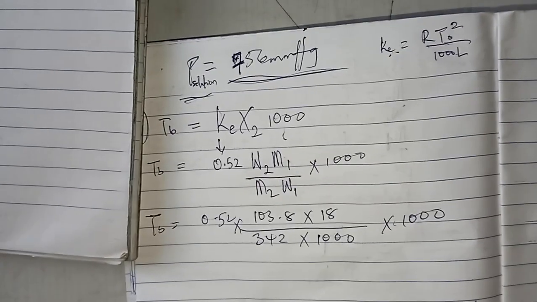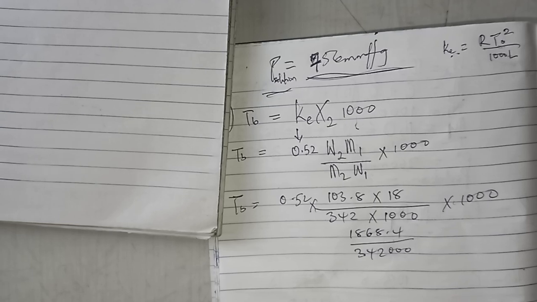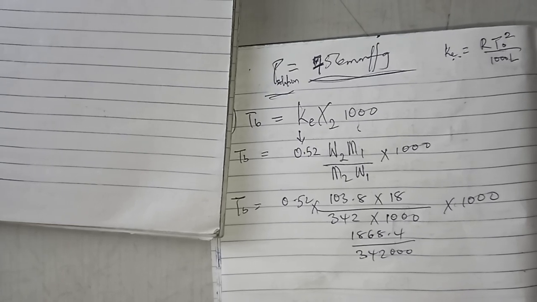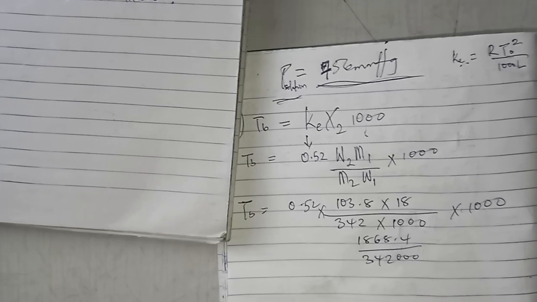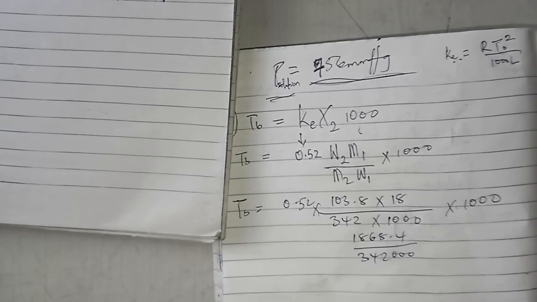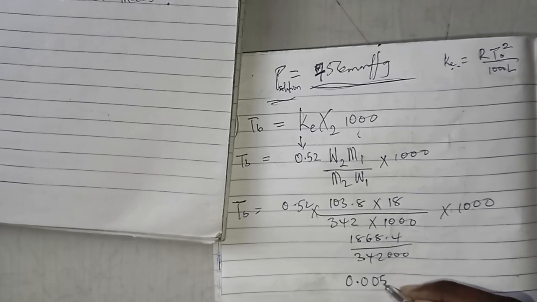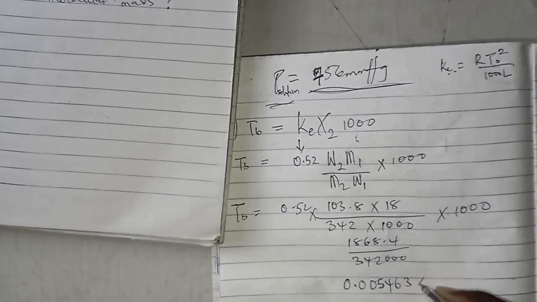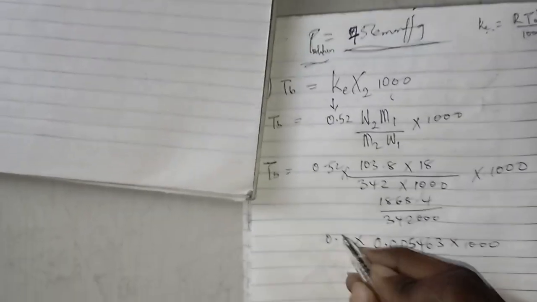Alright, so let's punch this. 1868.4 divided by 342,000 gives me 0.005463, times 1000, times 0.52.